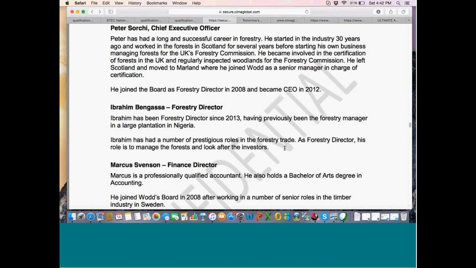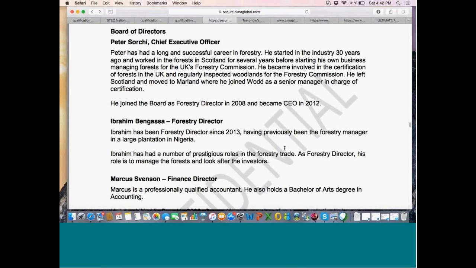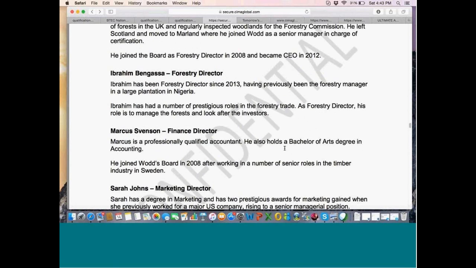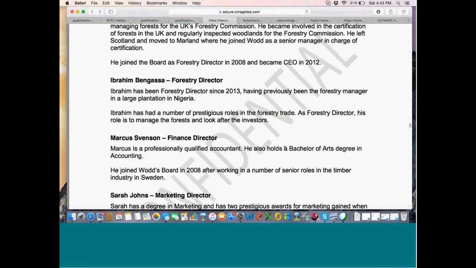And then I see there is this Ibrahim, forestry director. He's been director since 2013. Previously been a forestry manager in a large plantation in Nigeria. Now this is a really good opportunity to tap into some of his knowledge and what has been done in Nigeria, right?